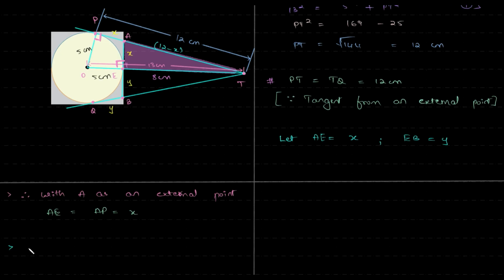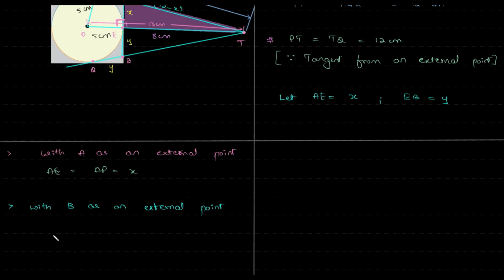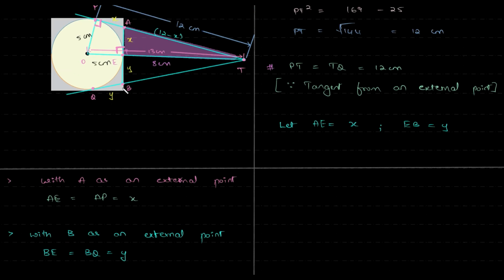And then with B as an external point, we have BE is equal to BQ, which is equal to y. Again, try to observe it. It's quite simple. Here is the external point and the lengths touching the circle from this point to this point.